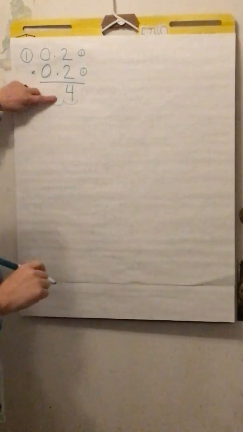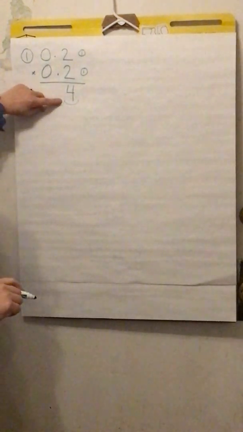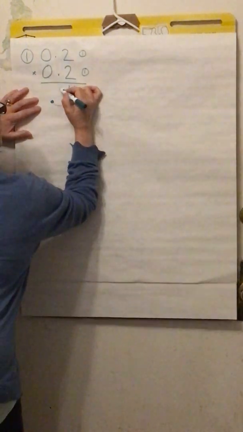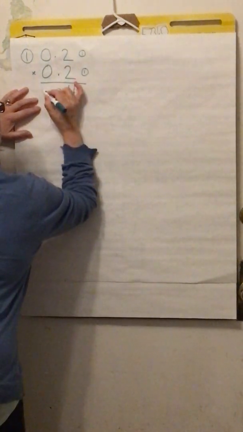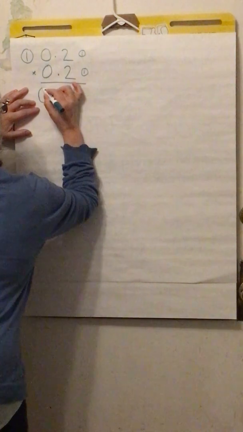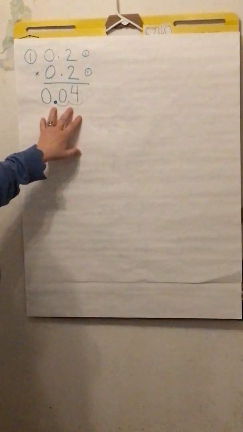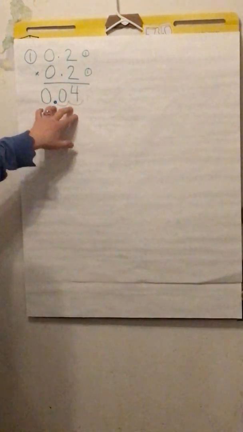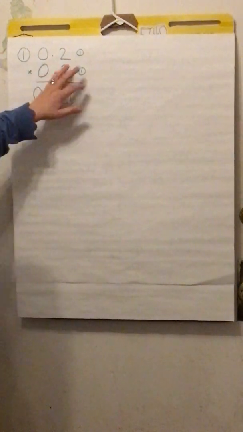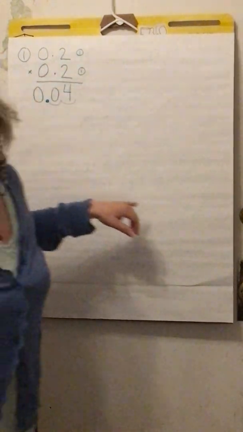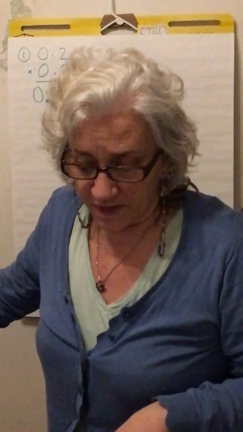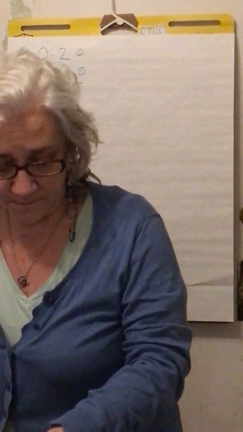And of course, since I have a space there with no number, my 0 will go there, and because I like to do math clearly, I put my 0 out in front. So 0.2 times 0.2 equals 0.04.